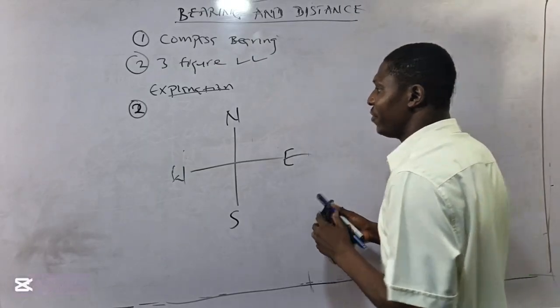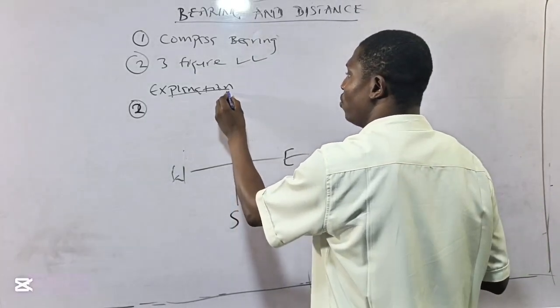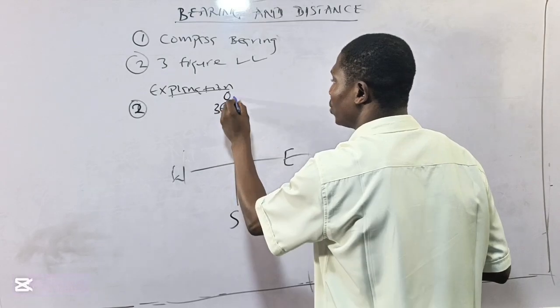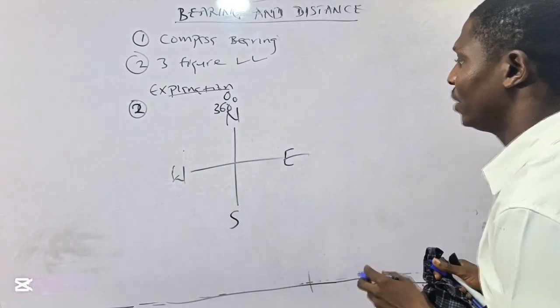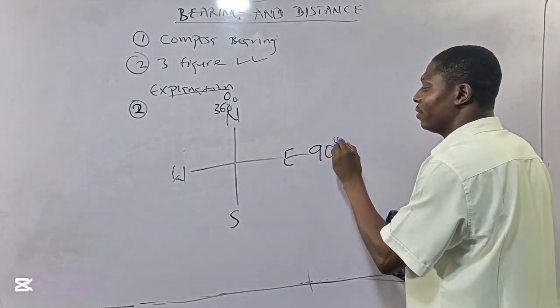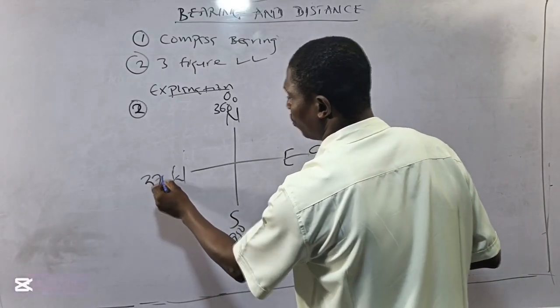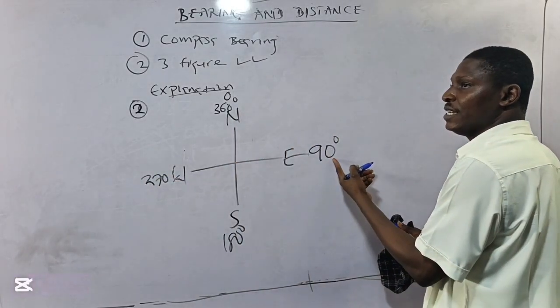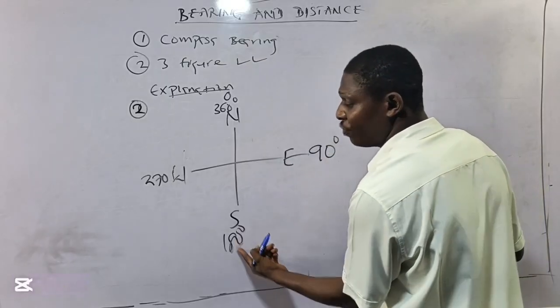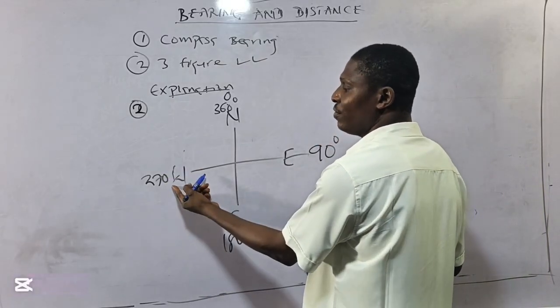And for three-figure bearing, this is my 0 and it's also my 360 degrees. Take note. Here becomes my 90 degrees, this becomes 180 degrees and this becomes 270 degrees. 0 plus 90 is 90 degrees. 90 plus 90 will give me 180. 180 plus 90 will give me 270.